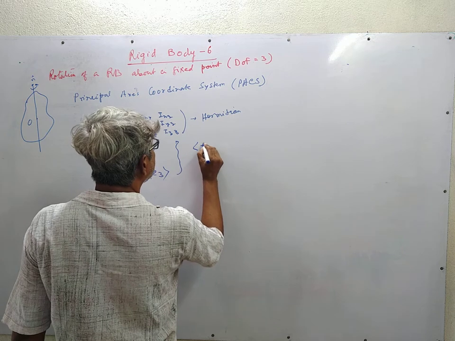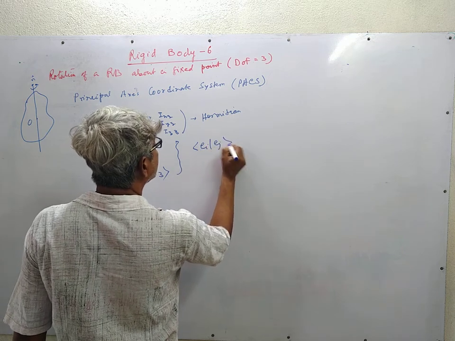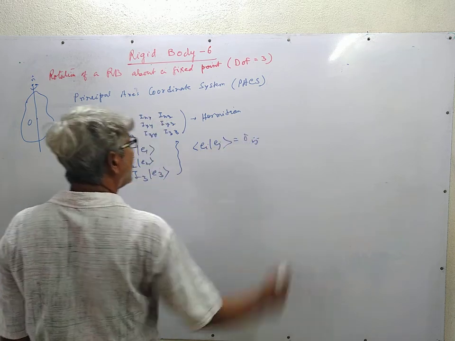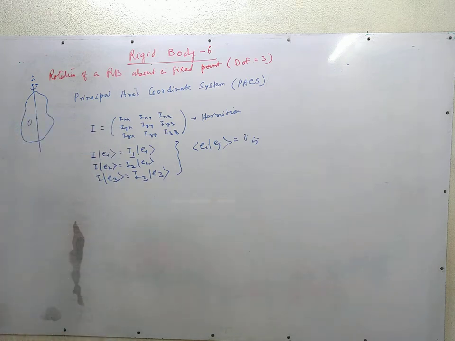So Ei dot Ej is simply delta ij. So these are the orthogonal eigenvectors.